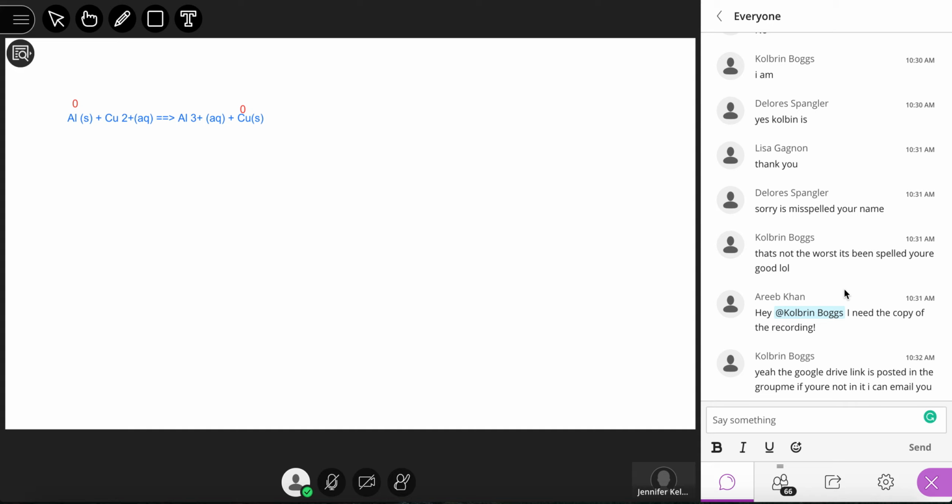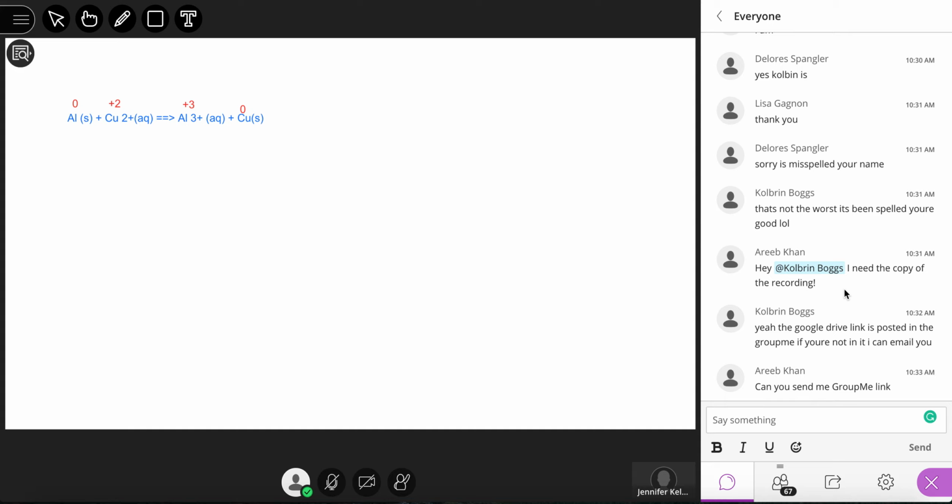Monatomic ions just get their charge. So copper 2 plus is a monatomic ion, so it's going to be plus 2. And aluminum is a monatomic ion, so that's plus 3. So now we want to check and make sure it's an oxidation reduction reaction.